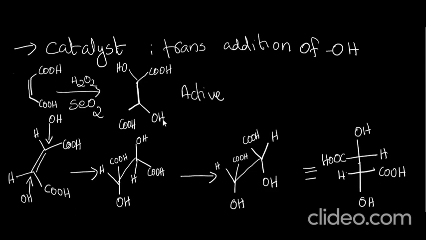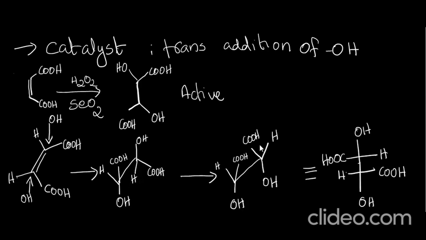Whereas in the case of maleic acid, it will be converted into an optically active compound. That is, here OH groups add to the double bond in trans manner and we get a compound like this. This is a staggered configuration.